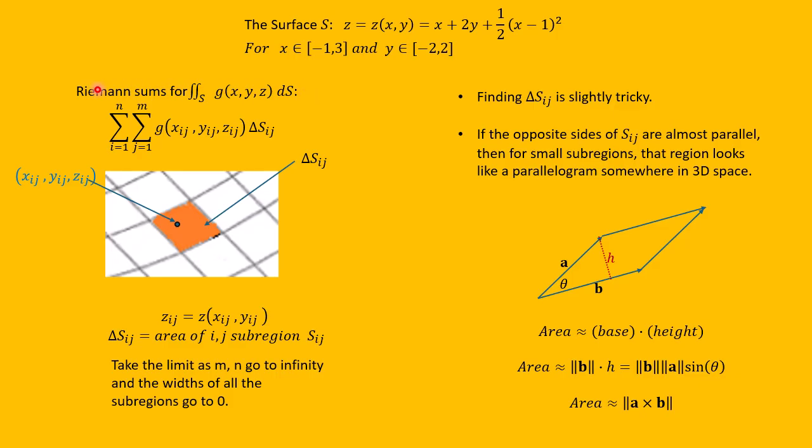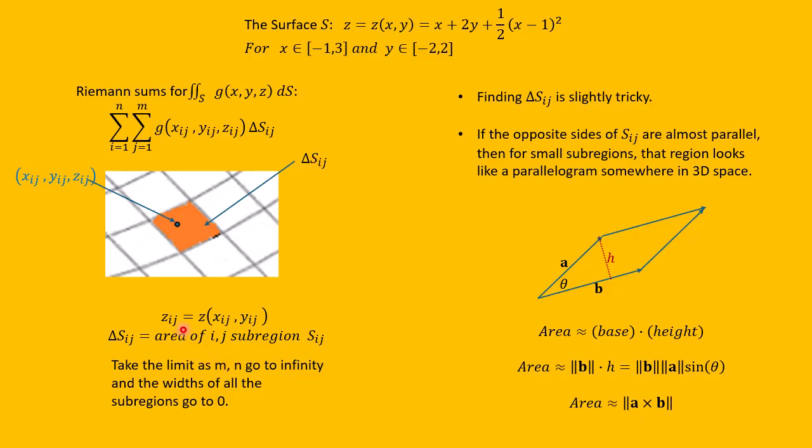So now let's consider the Riemann sums that you would have for estimating the surface integral of g of x, y, z dS. Here's an illustration of the situation. This is part of the surface over here, and this is a little subregion. We'll call this subregion S sub ij. We'll let the area of this subregion be delta S sub ij.